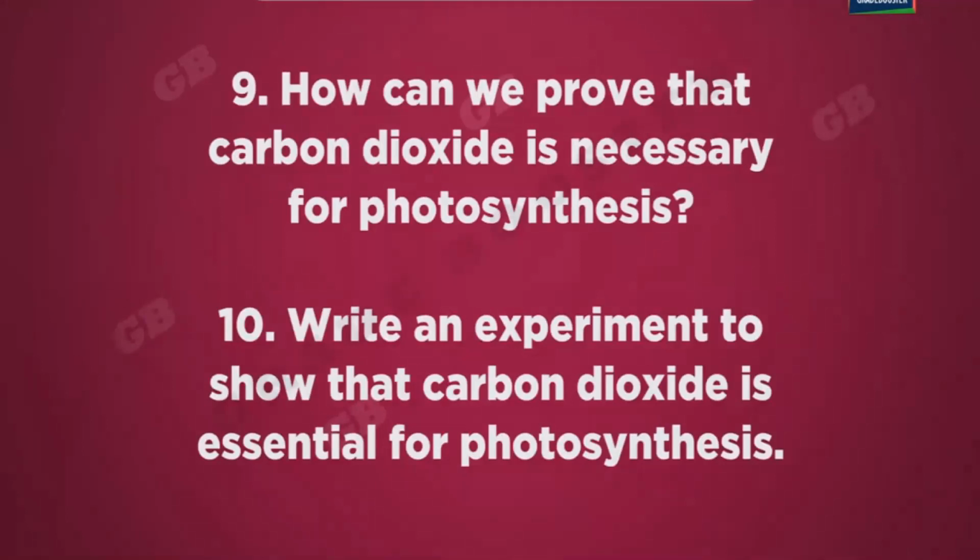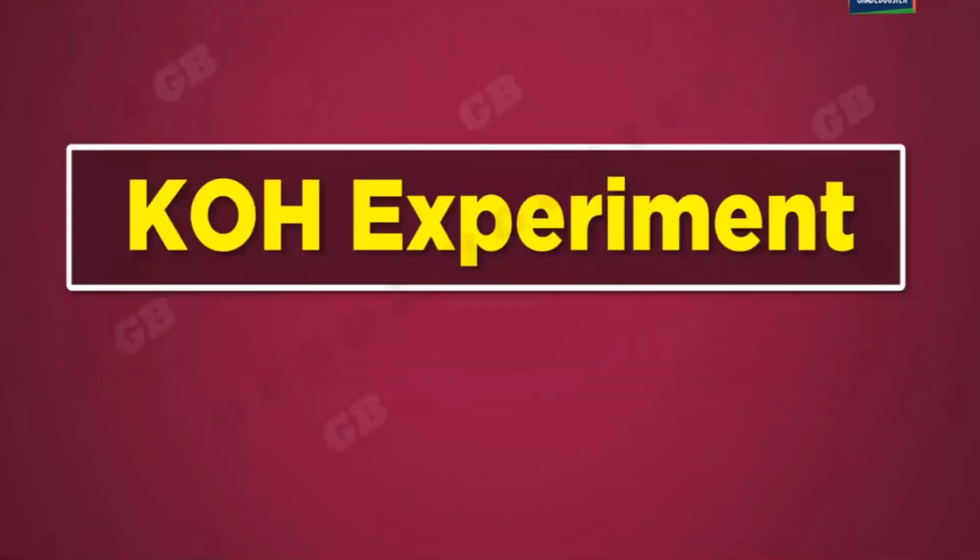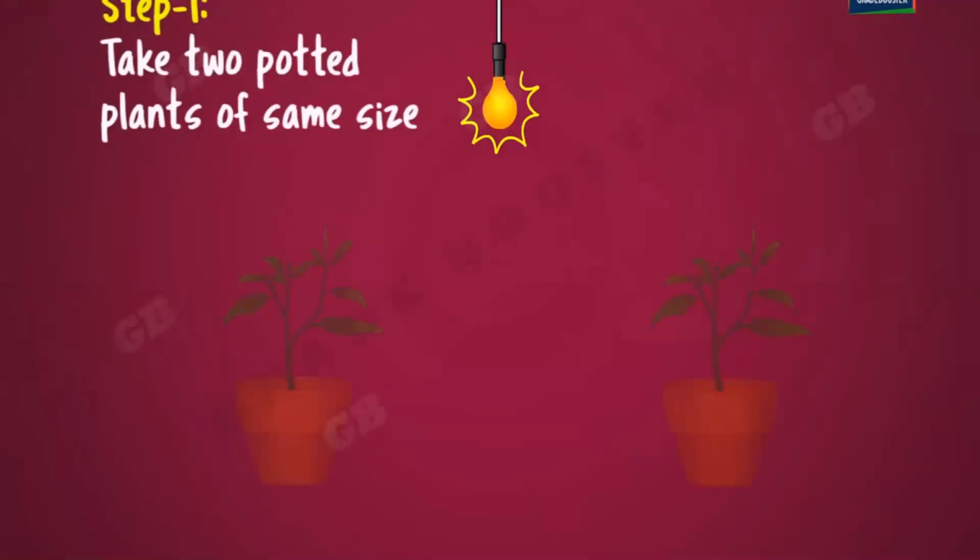Next activity, we can prove that carbon dioxide is also necessary for photosynthesis. For this experiment, we require two potted plants, and this is a KOH experiment where potassium hydroxide is used to absorb carbon dioxide.